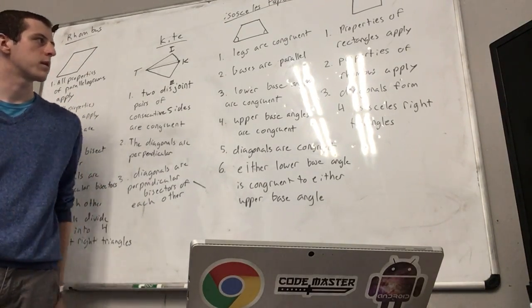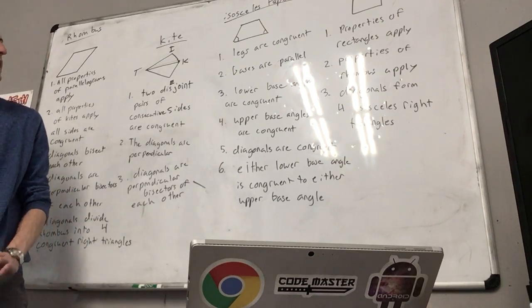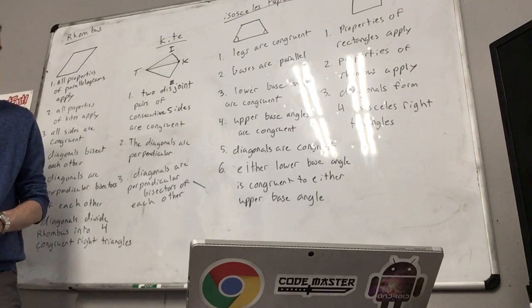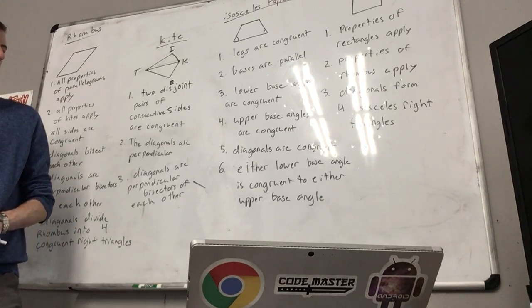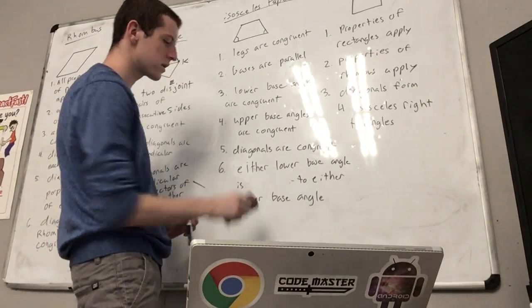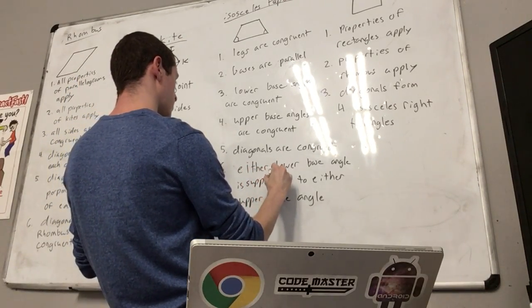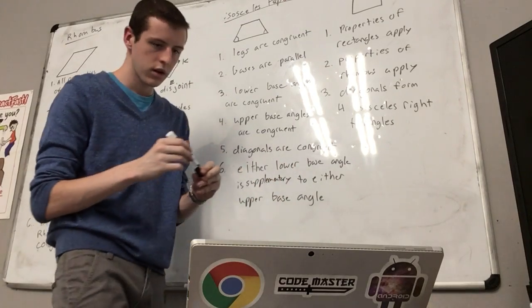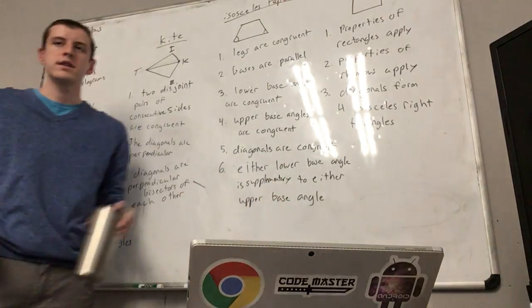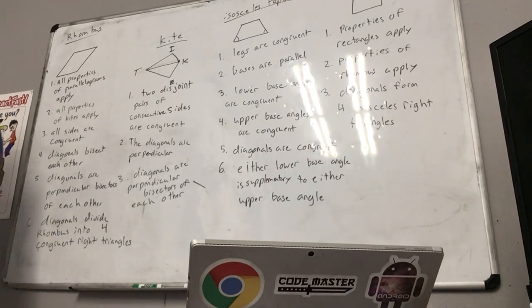The legs are congruent, the bases are parallel, the lower base angles are congruent, the upper base angles are congruent, our diagonals are congruent, and any lower base angle is supplementary to any upper base angle. So basically, if you pick a lower base angle and you pick an upper base angle, they will equal 180 degrees.